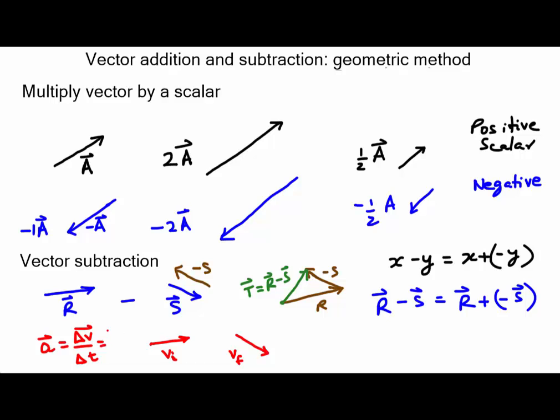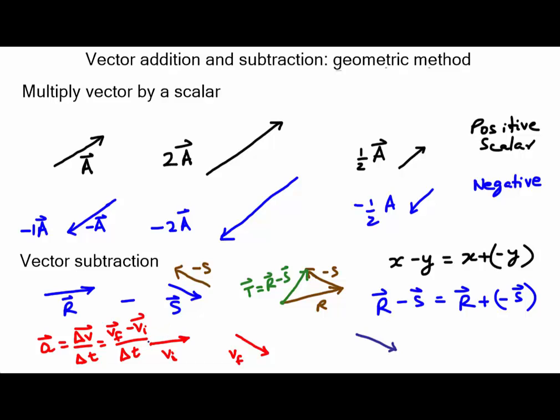So the direction of acceleration is the same always as the direction of the change in velocity. And we know that the change in velocity is simply final velocity minus initial velocity. So if I want to get a sense of the direction of acceleration that caused this velocity change, all I got to do is subtract VI from VF, and that'll give me a direction of acceleration. So I can reproduce VF over here.